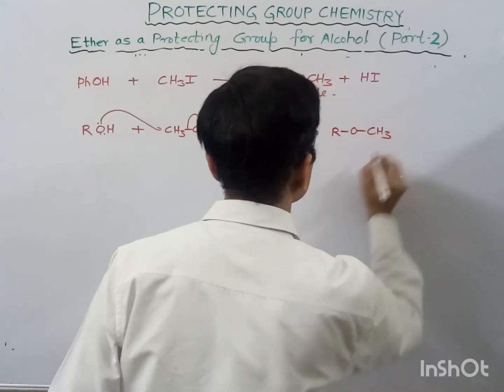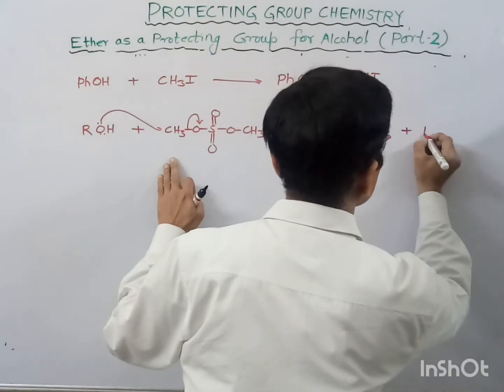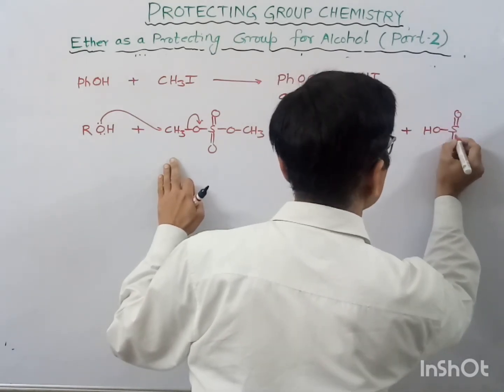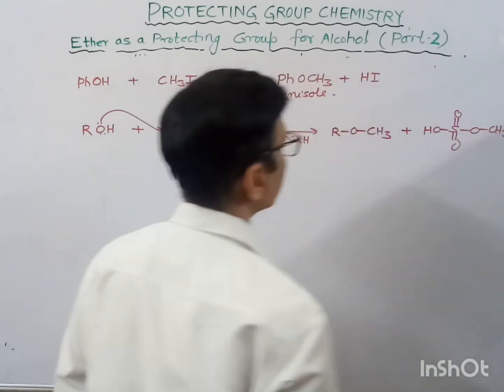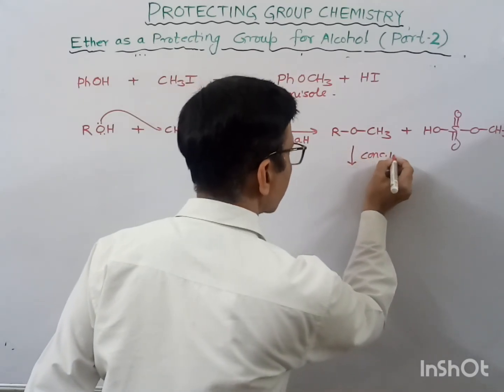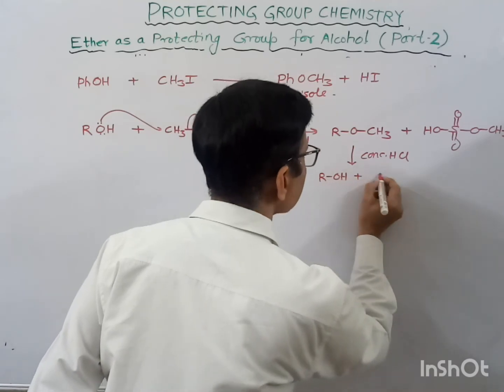So the methyl ether is formed here, and further it may be deprotected in the presence of concentrated HCl, and we will get ROH back plus CH3Cl.